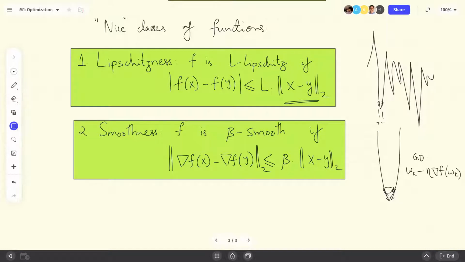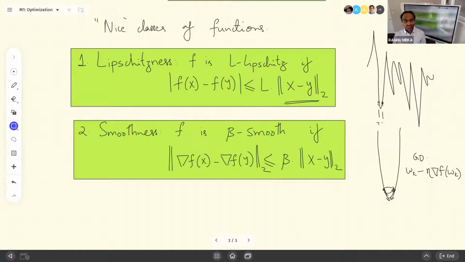Is it sort of like smoothness is to Lipschitzness as differentiability is to continuity? Yeah, exactly, right? Lipschitzness is somehow saying something about the function being continuous. Smoothness is kind of the second order changes in your function. It's talking about second order. And in fact, there are analytic ways of defining smoothness in terms of the second order partial derivatives of f.